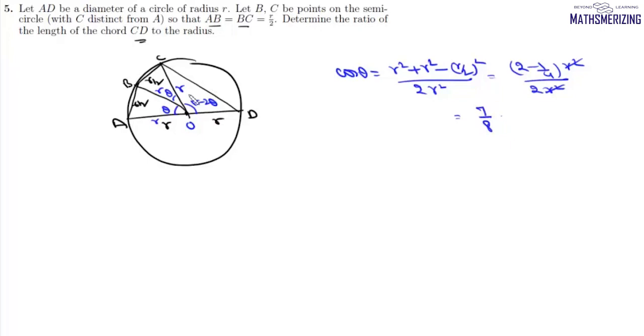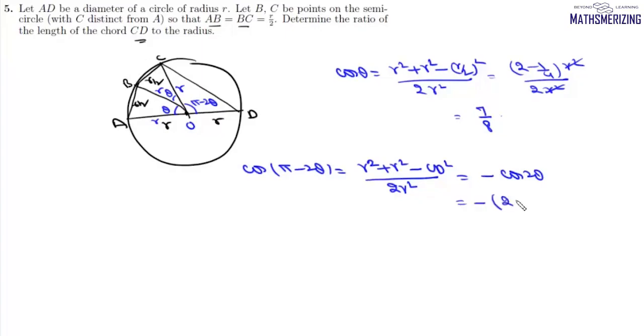Now if we use the cosine rule in this triangle COD, we can write cos of pi minus 2 theta will be r square plus r square minus CD square upon 2 r square. Now cos of pi minus 2 theta is minus cos 2 theta, and minus cos 2 theta will be minus of 2 cos square theta minus 1.